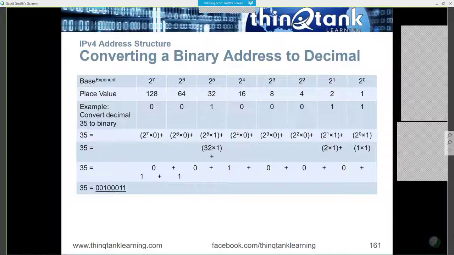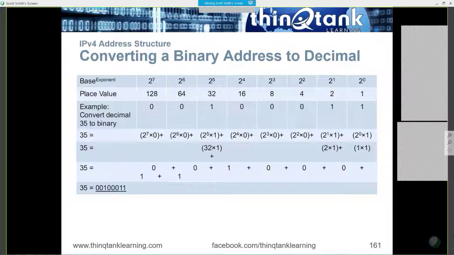And by the way, this is the same way that we would represent any number in binary based on a number in decimal. It's no different. It's the same process. In this case, we're only dealing with 8 bits because we're talking about an IP address. But you could be dealing with 16 bits. You could be dealing with 20 bits. It doesn't matter. The math is still the same. The process is still the same.